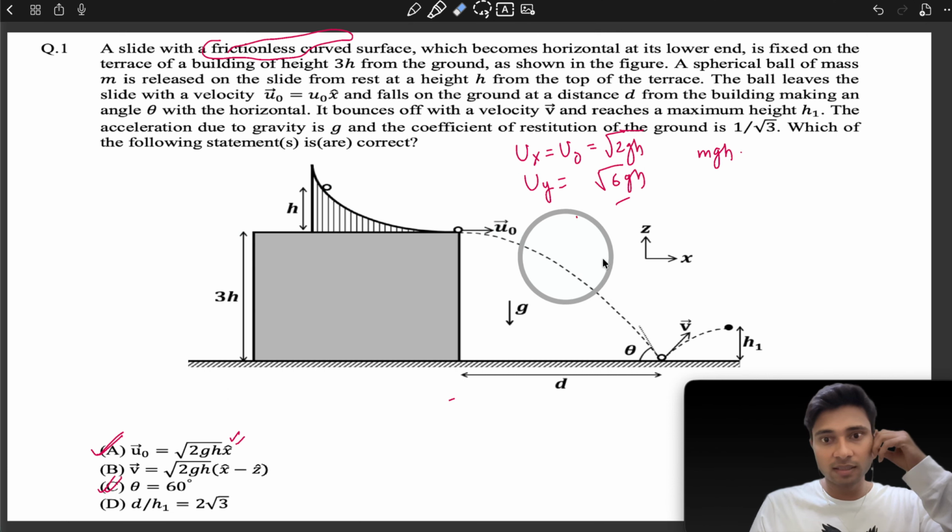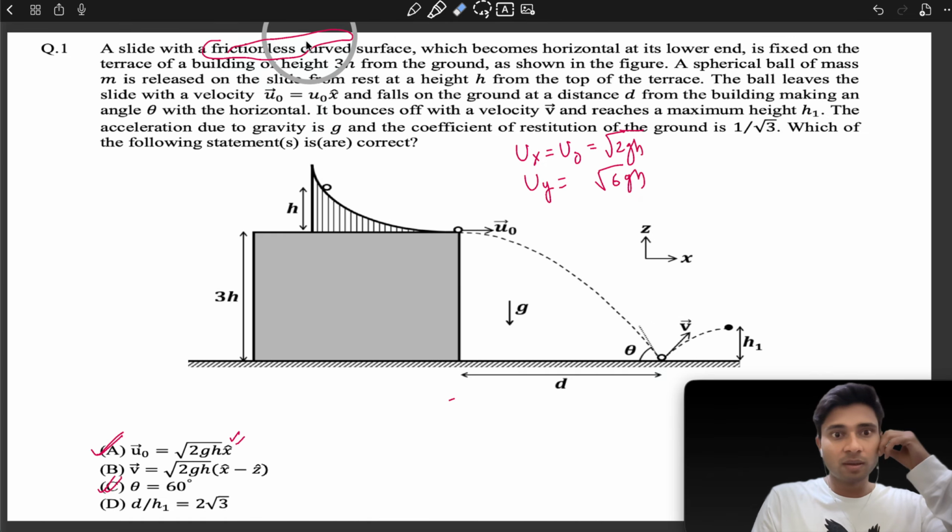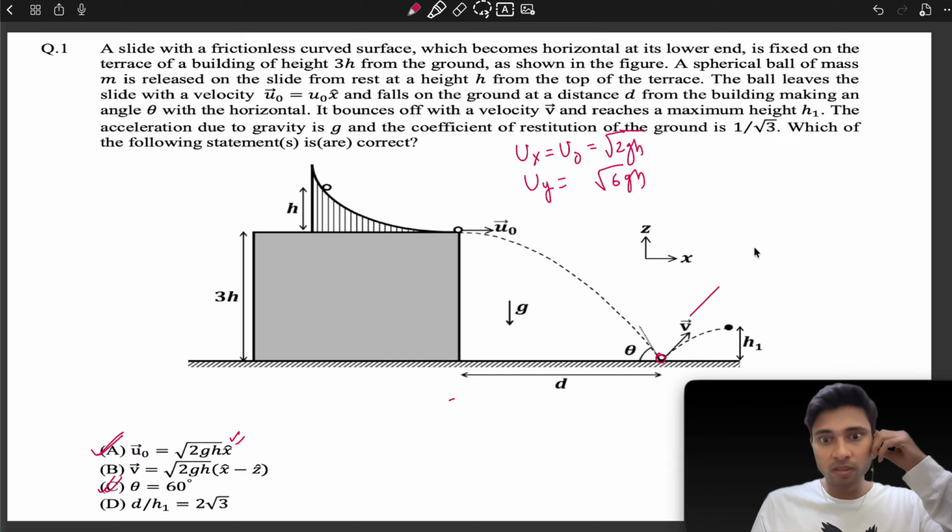Let's erase all this, and we are just keeping the important information with us. The important information was that before collision, velocity in the horizontal direction was root 2 gh and velocity in the vertical direction was root 6 gh.